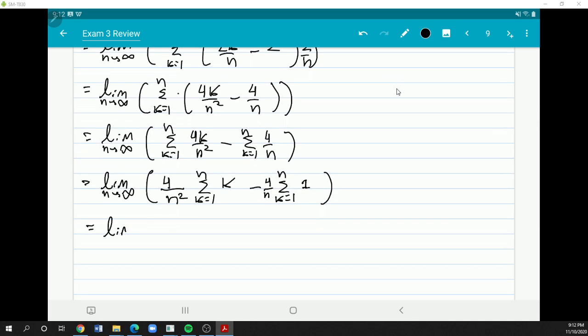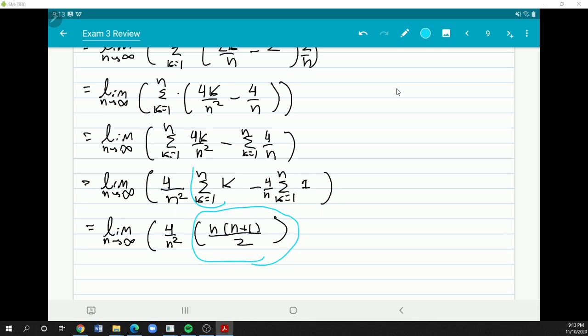Now I apply my formulas. Limit as n goes to infinity, 4 over n squared times n times (n plus 1) over 2. So these two things are equal by the sum formulas that I gave in the section.